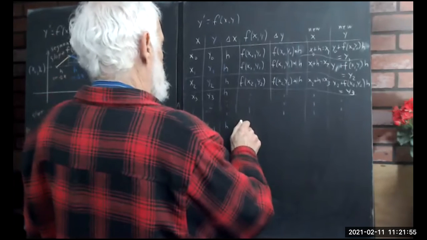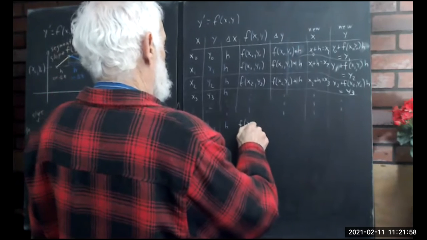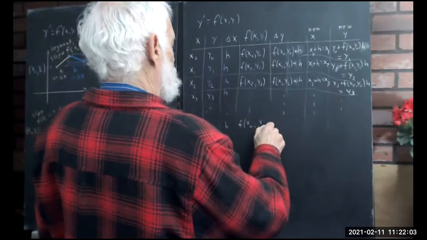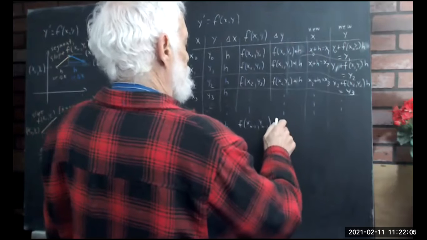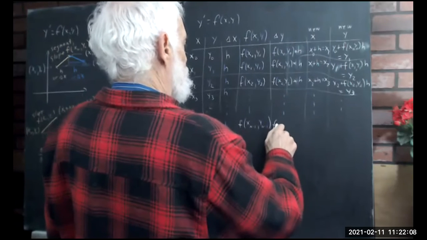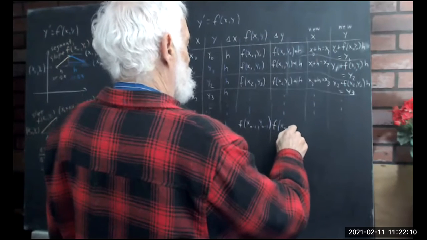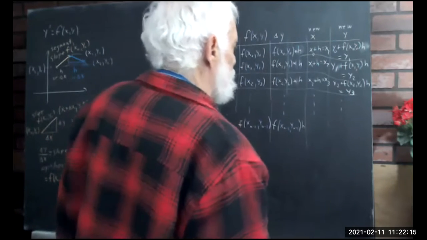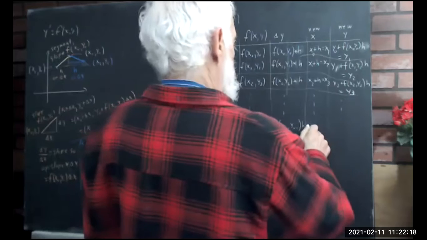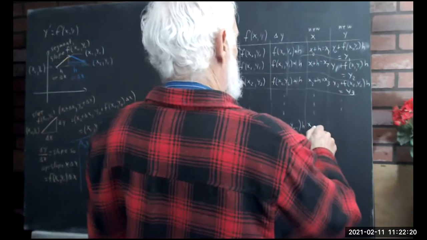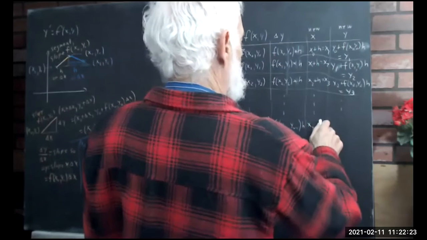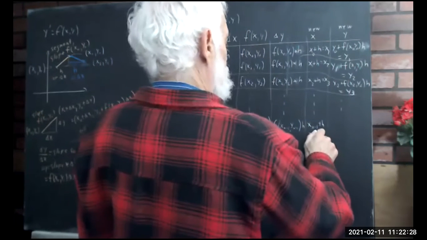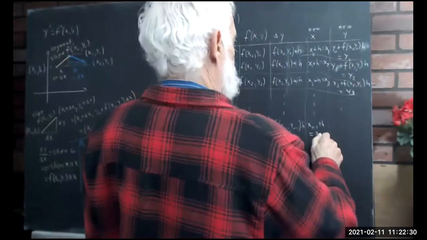Going to have f of x n minus 1, y n minus 1, and f of x n minus 1, y n minus 1 times h. I'm going to have x n minus 1 plus h. And that's going to equal what? Well, it's going to equal x sub n.